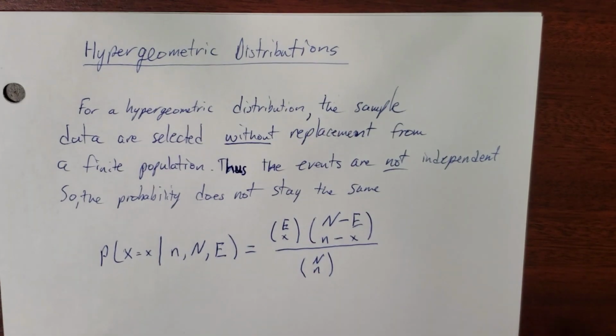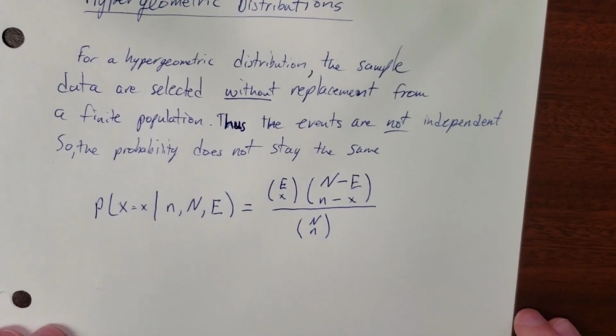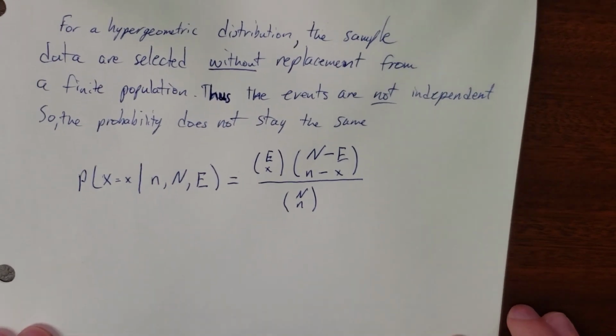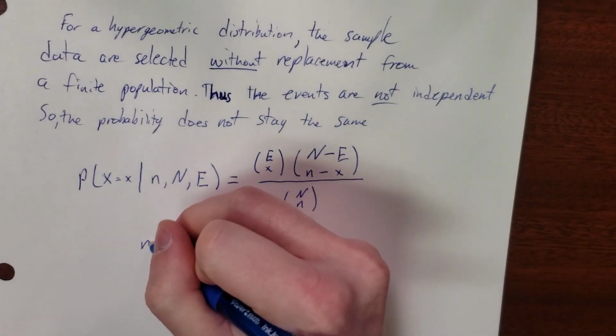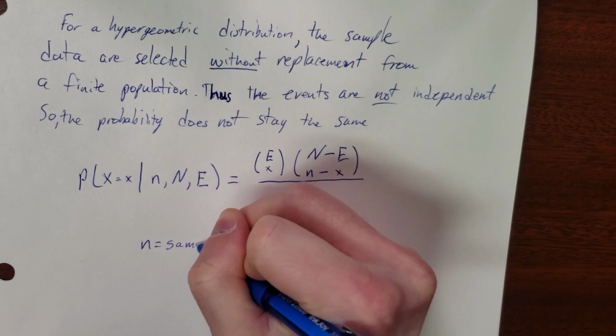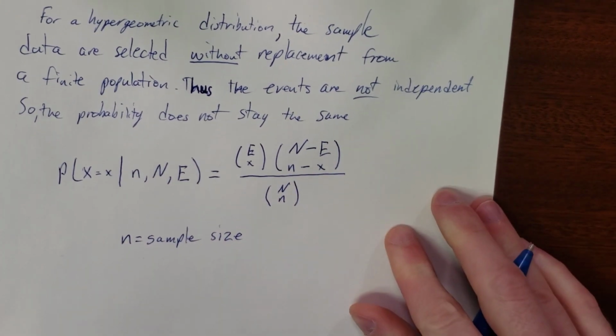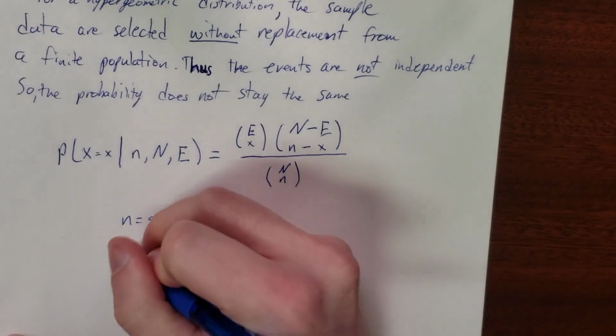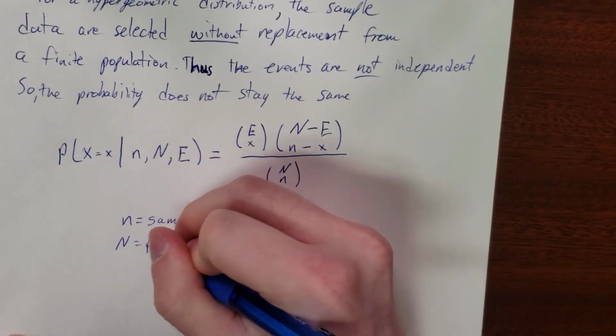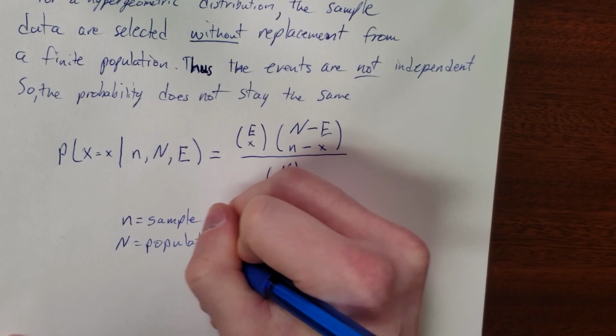Now, what are those values? So let's write that out. Lowercase n is our sample size. That's similar to everything we've done in the past. Capital N is population size, so that should also look familiar.